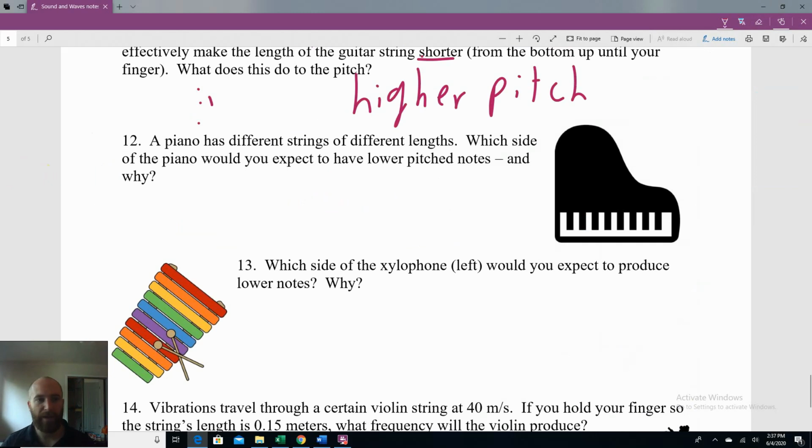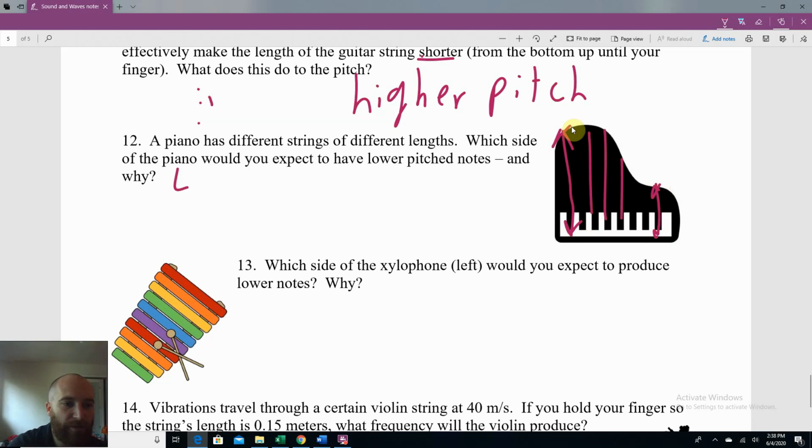Cool. A piano has different strings at different lengths. If you look at a grand piano, see how it goes from being very long in this section to very short in this section. That's because there's a bunch of strings inside, and when you hit the keys, it bashes those strings and produces a note. Which side of the piano would you expect to have the lower pitch notes, and why?